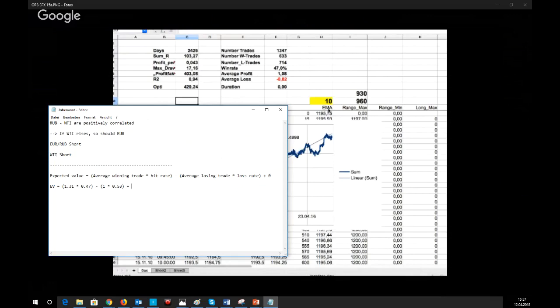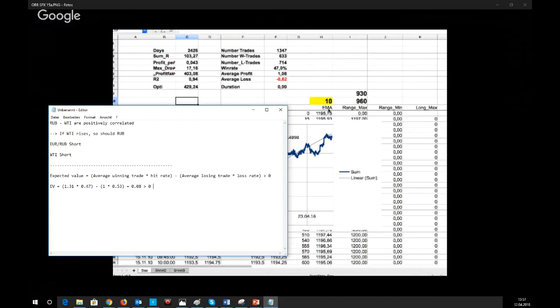We get, and don't call me a nerd now, I know this number because I've calculated it several times, 0.08, which is bigger than zero. That means that on average, per euro we risk, or US dollar, or Japanese yen, or pound, whatever, we make on average 8 cents. But please don't get this number wrong.